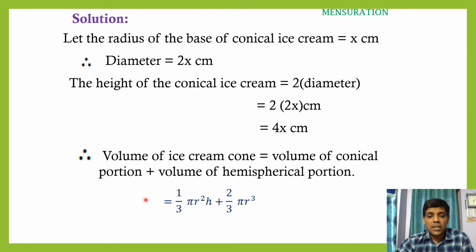Already you know the values of pi, 22 by 7, and r and h. Here r is the radius of the cone and h is the height of the cone, plus 2 by 3 into pi value 22 by 7 and r cube. Here r represents the radius of the hemisphere. Now next step.